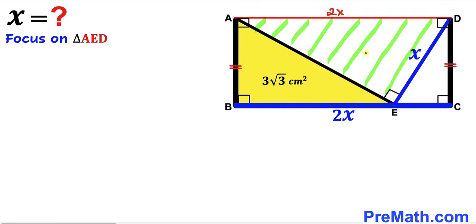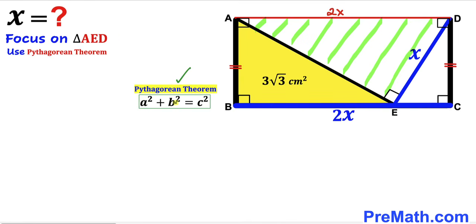And now let's focus on this right triangle AED, and we are going to use the Pythagorean theorem on this triangle. And here's our Pythagorean theorem: a squared plus b squared equals c squared. And in our case, this 2x is our hypotenuse, whereas x and this side AE are our 2 other legs. So therefore we are going to fill in the blanks in this Pythagorean formula. We're going to write down AE squared plus x squared equals 2 times x, whole squared.